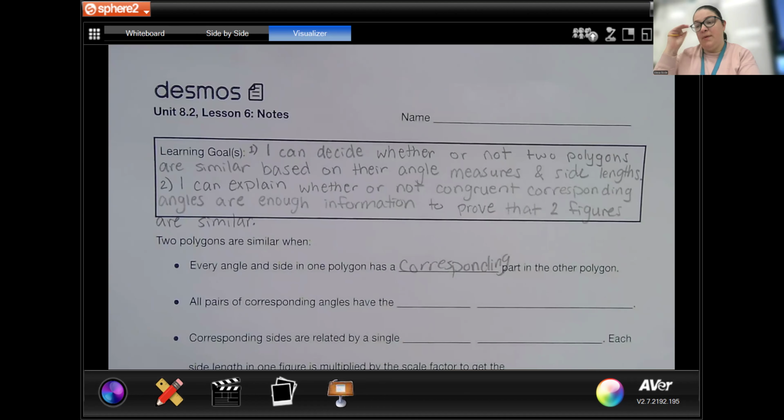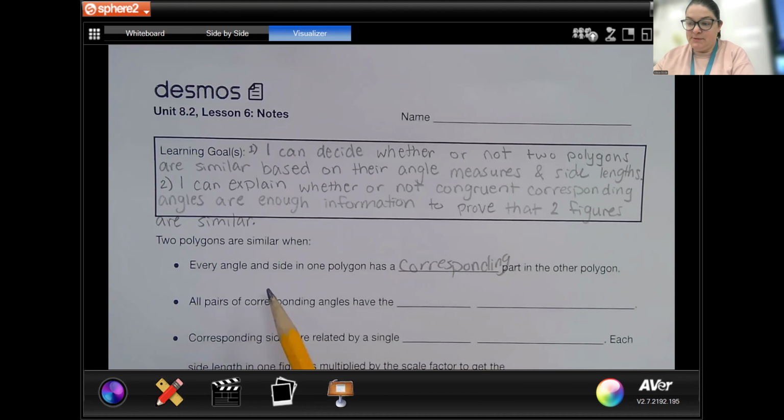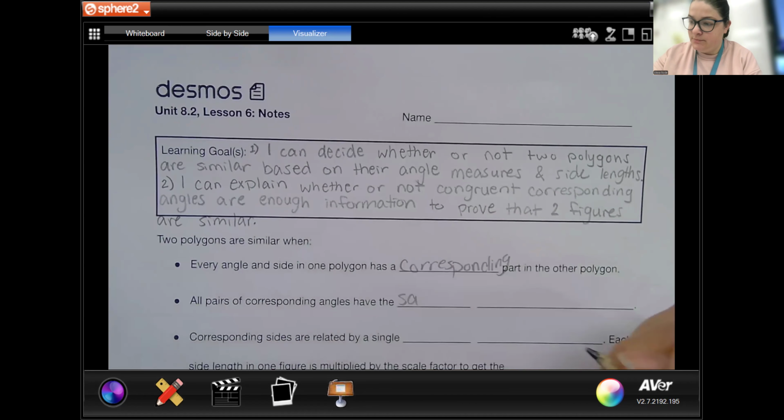But then you will have to be able to identify which side of two rectangles correspond to each other. Okay, so the other thing that makes two polygons similar, all pairs of corresponding angles have the same measure.